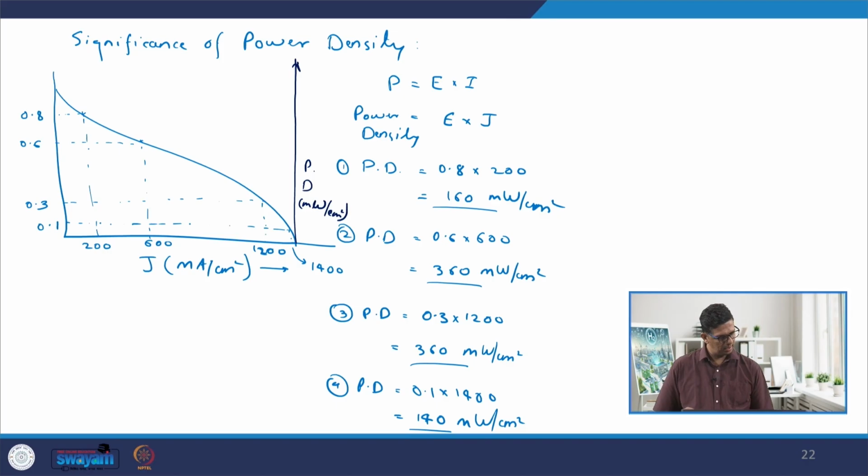When we have zero current flowing in the circuit, we have zero power density, so our first point of the power will be here itself. This is 0. Then 160 will be somewhere around here, then 360 is here.